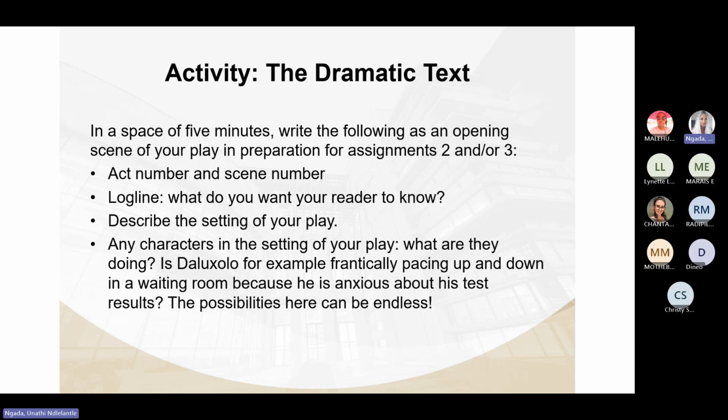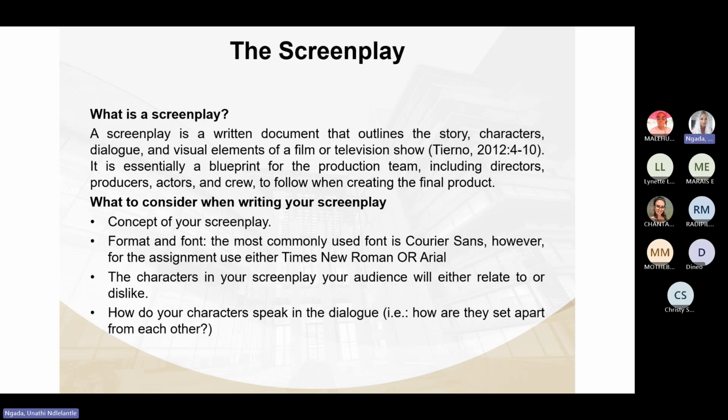The screenplay is a written document where you are outlining the story, the character, the dialogue, and the visual elements for either a film or a television show. And this is what Michael Tiona says on what a screenplay is. For those who want to do further reading on Michael Tiona, it is from a book called Aristotle Poetics for Screenwriters.